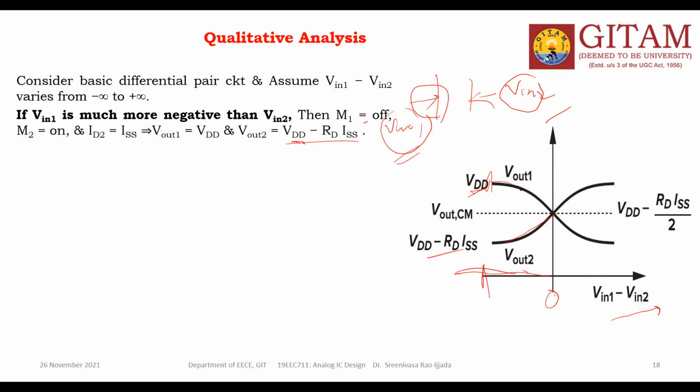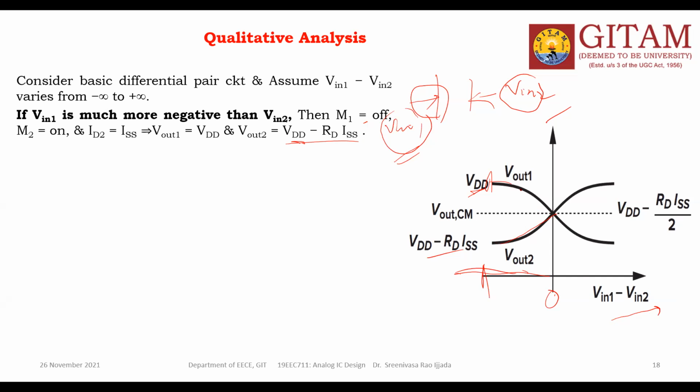This is Vout1, when VIN1 is much more negative than VIN2. So M1 is off, M2 is on. So no drop, so the entire output Vout1 is equal to VDD. And on this side, M2 is on, so the same current flows in the branch as in the tail current source ISS.